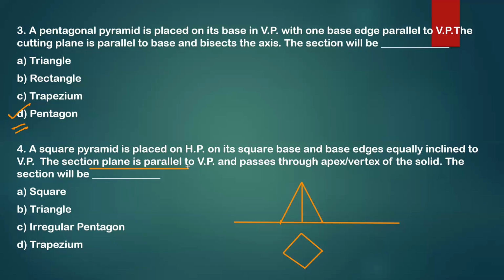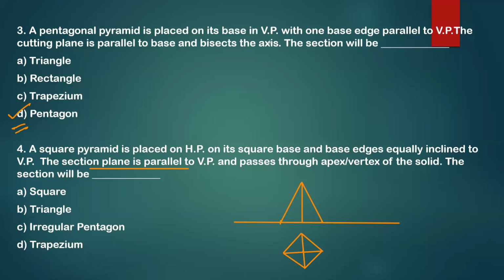Now you will see here, as it is a pyramid, we get its vertex, which means the slant edges we will get in the top view. Like this.